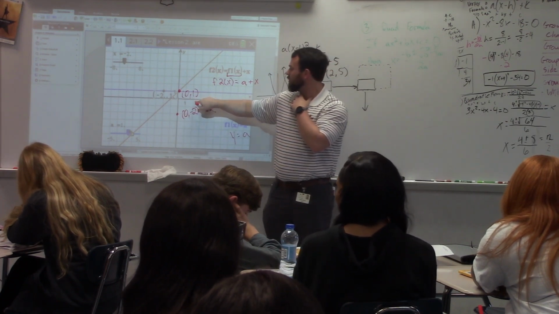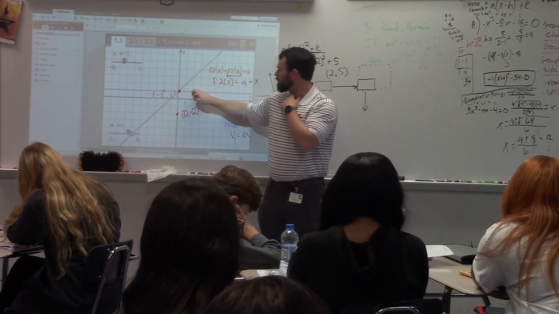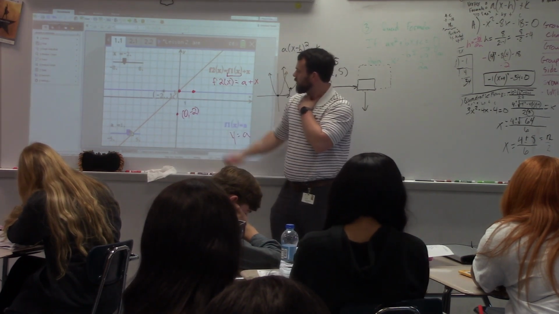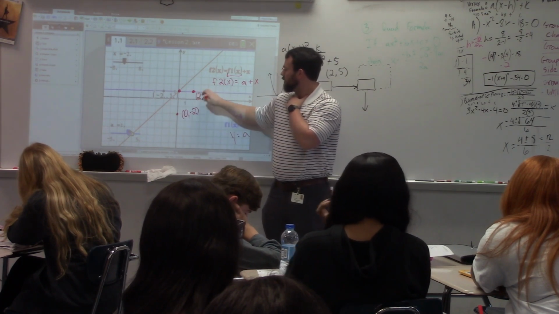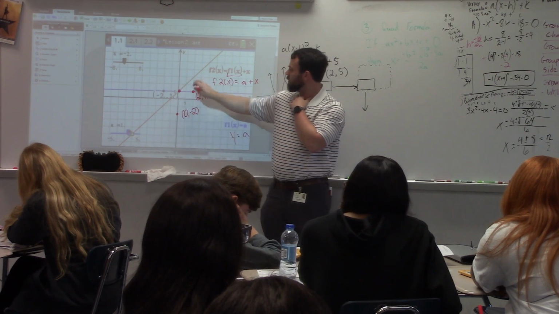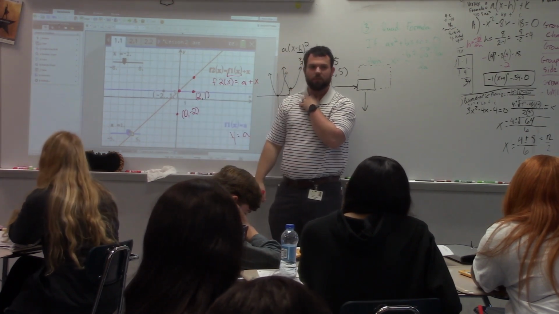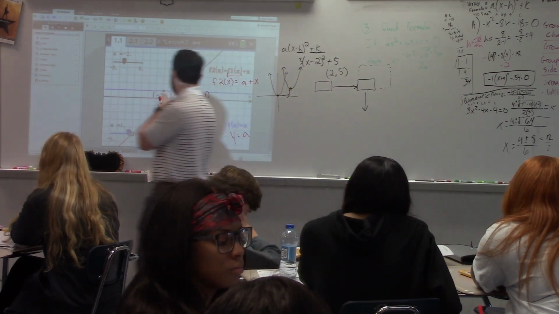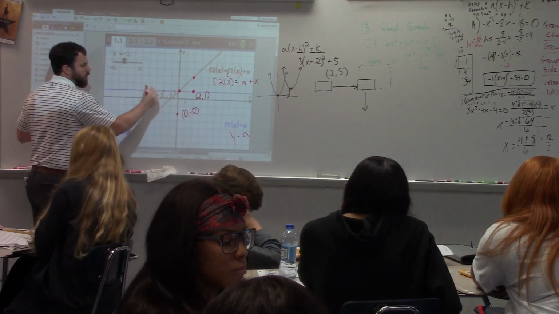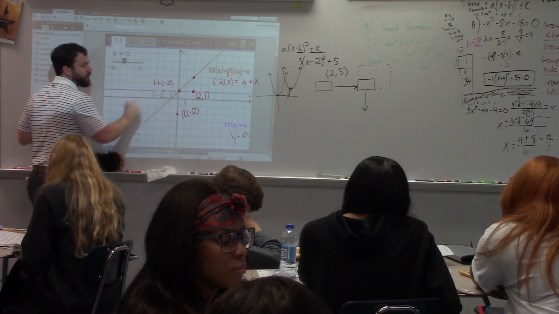Let's see if that pattern holds up later. Let's look at this point right here. What's this point? 2, 1. What's 1 plus the x value of 2? Is that this point right here? 1, 3. So we have this point over here, -2, 1. I take my a, 1, and I add -2 to it. What do I get?